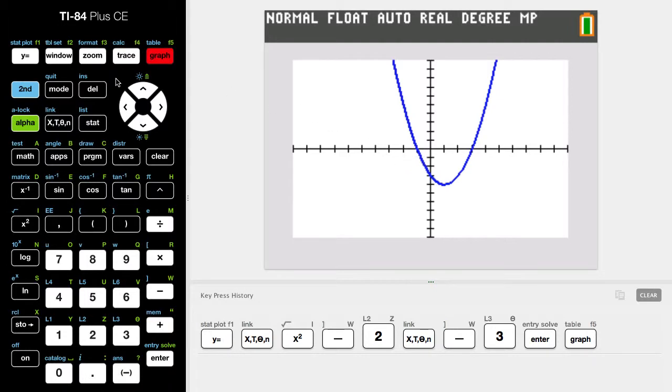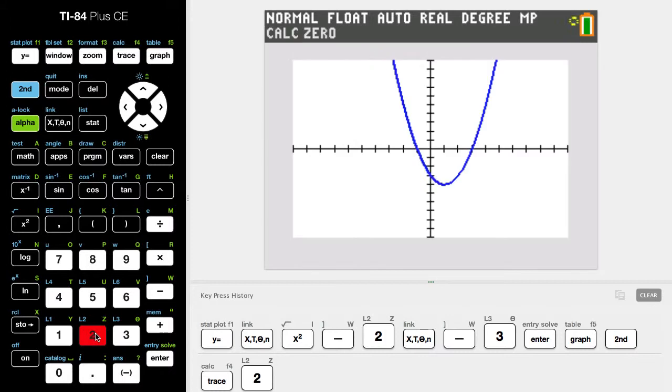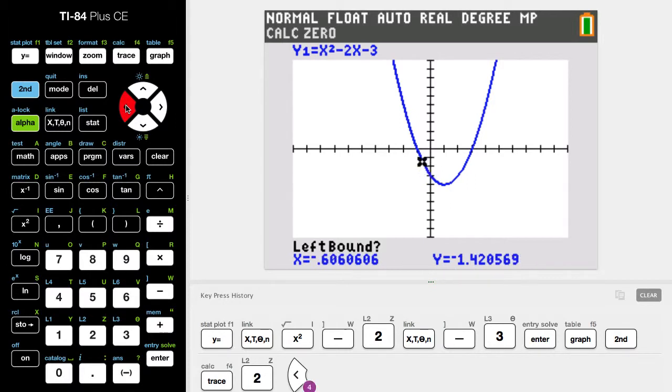Press the second function key, then trace to access the calculate menu. Then press the number 2 to select 0. Now, keep pressing the left arrow key until you are just to the left of the first 0. Then press enter.